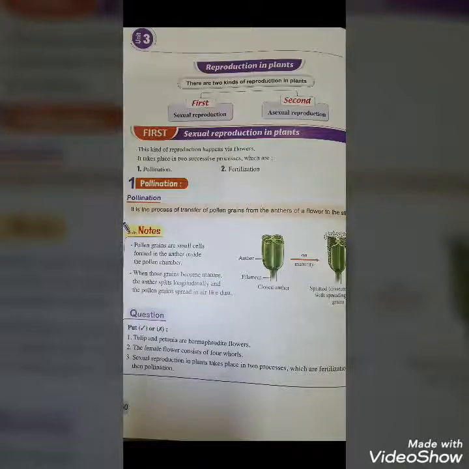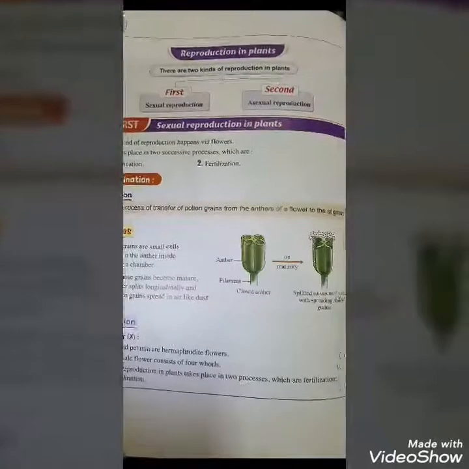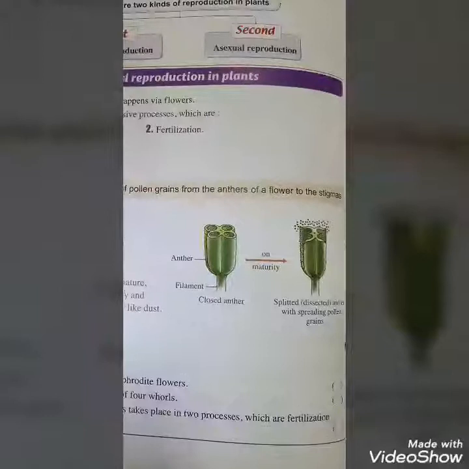Pollination is the process of transfer of pollen grains from the anther of a flower to the stigma, from the male organ to the female organ. As you see here in the picture, the anther contains 4 chambers. Each chamber produces a large number of pollen grains.